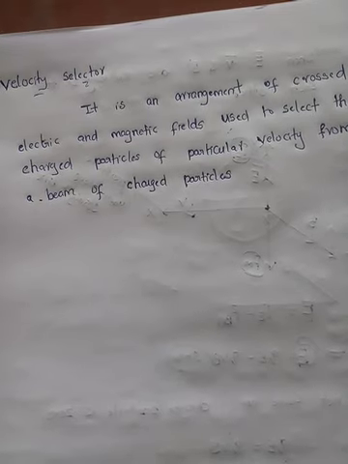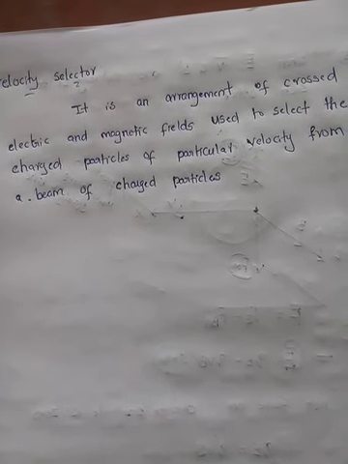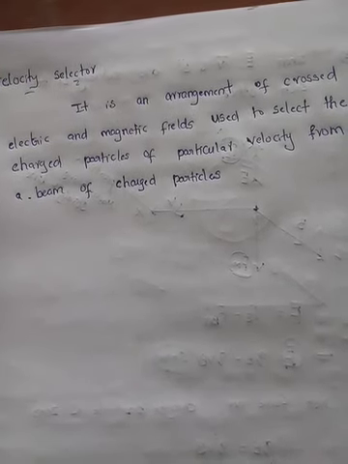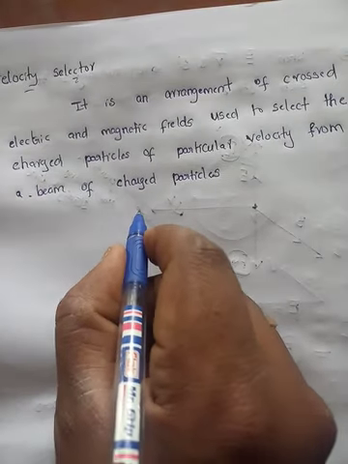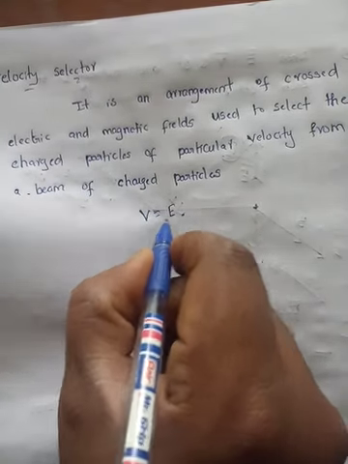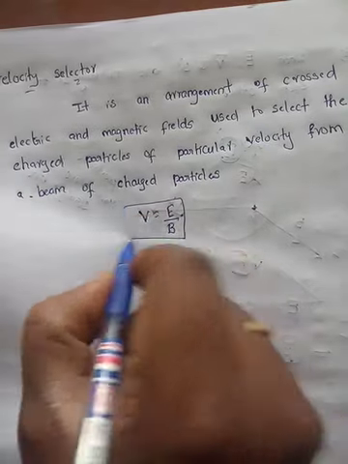So by arranging these crossed electric and magnetic fields, we can select the charged particles of a particular velocity from different velocities. That is, the condition is V is equal to E by B.